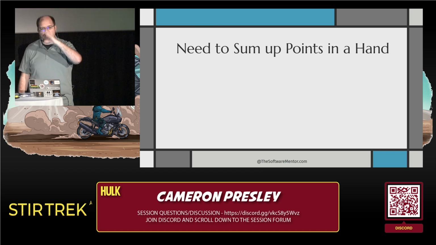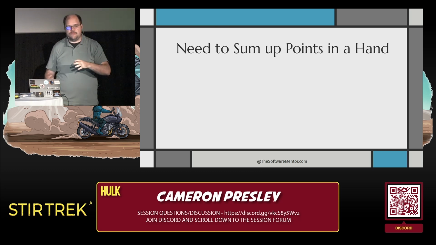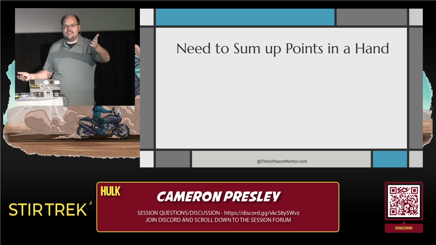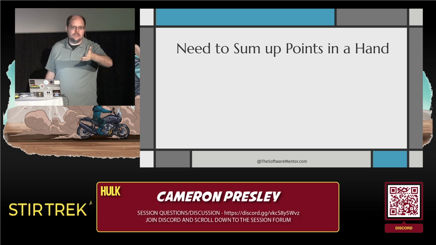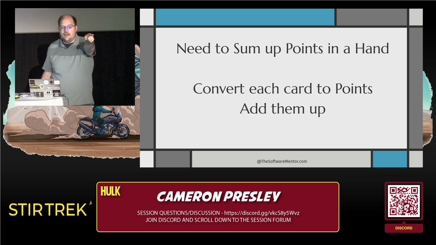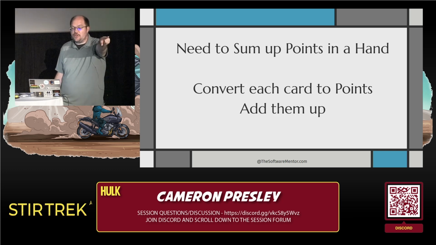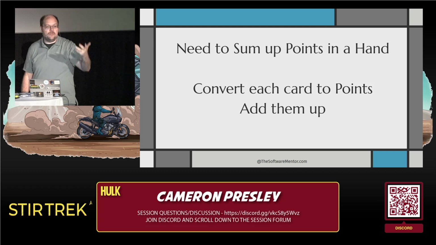You don't need to give me code. You can just give me like a rough algorithm, pseudocode, whatever. But if you had to sum up a list of numbers, what would you do? Yes, right? We're going to convert each card to how many points it's worth, and then we're going to add them up.